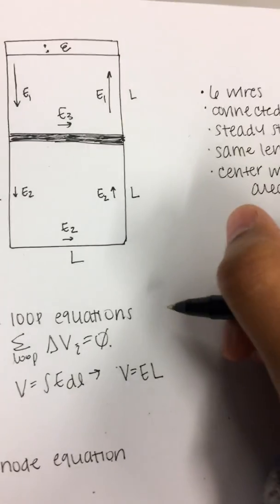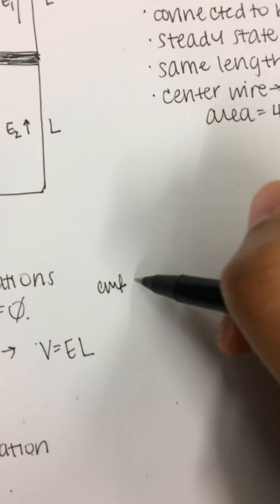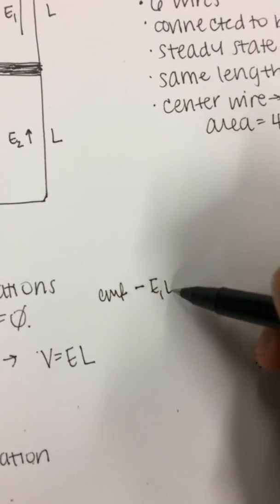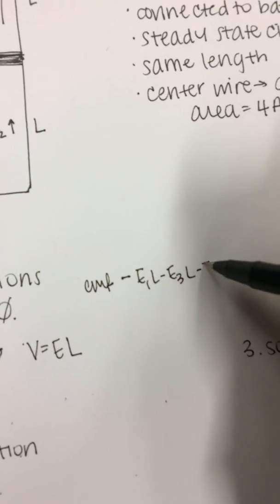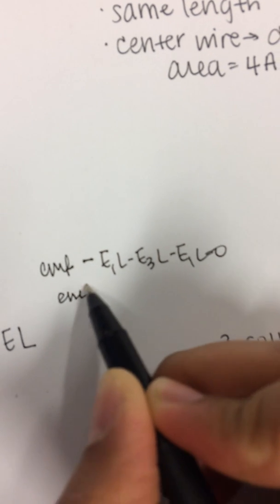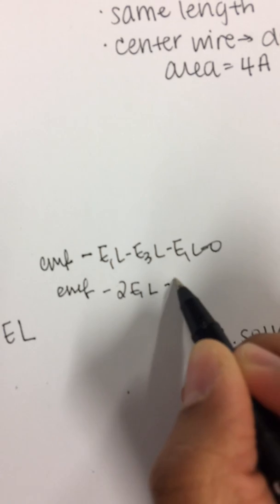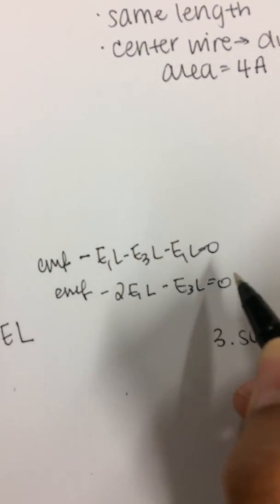That would be the first one. And then you can simplify that to EMF minus 2E1L minus E3L equals 0.